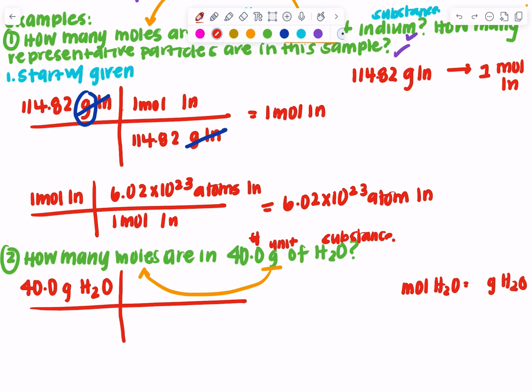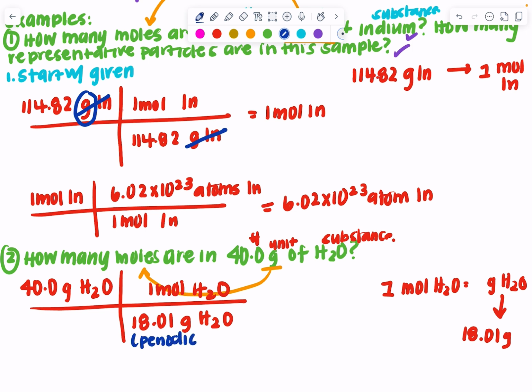And again, same thing that we just did. We need to find the molar mass of water, which is 18.01. And I'm just rounding here. And the way that I found this was it's on the periodic table. We should know how to find molar mass.